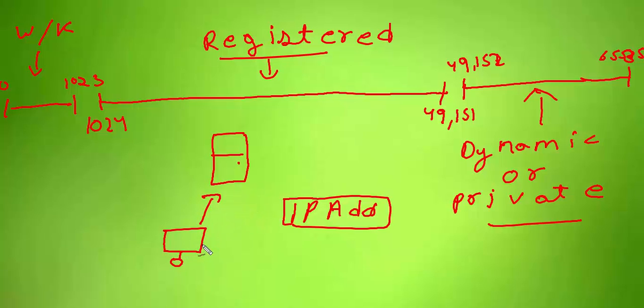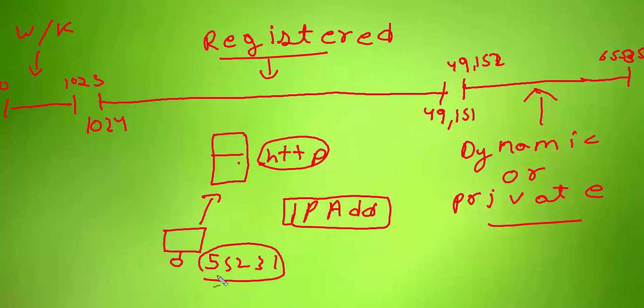So let's say you are using some client application and this server is using some server application. Let's say HTTP. Okay, so the client uses a port number of any random, and the server uses a well known port number.